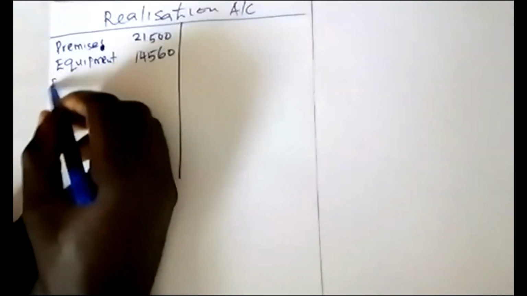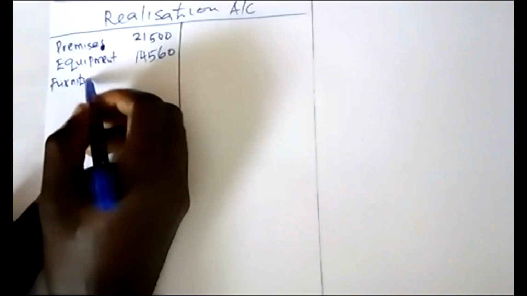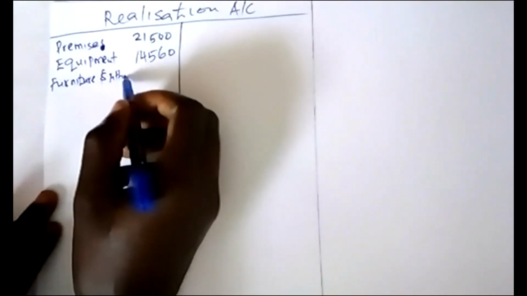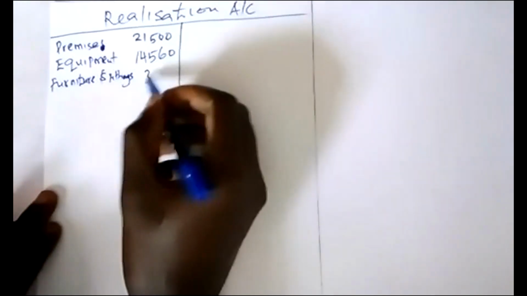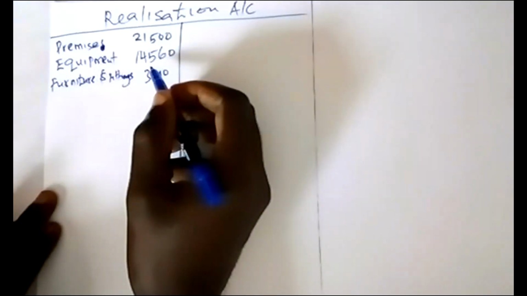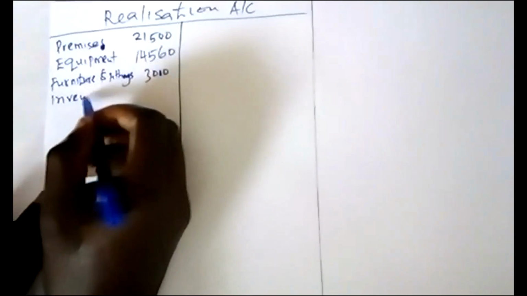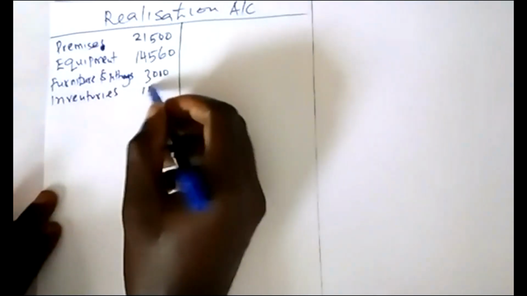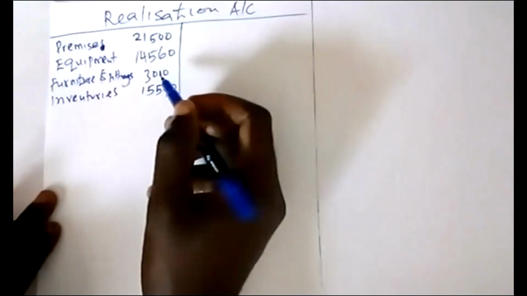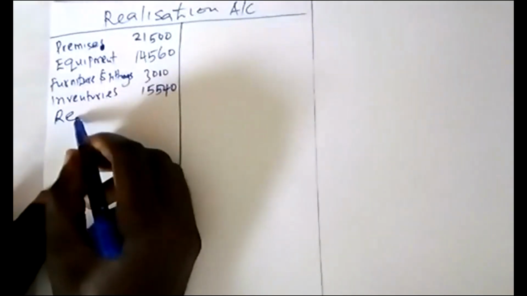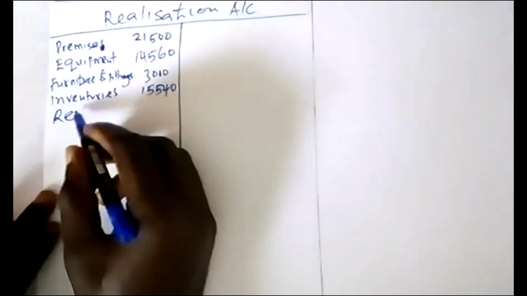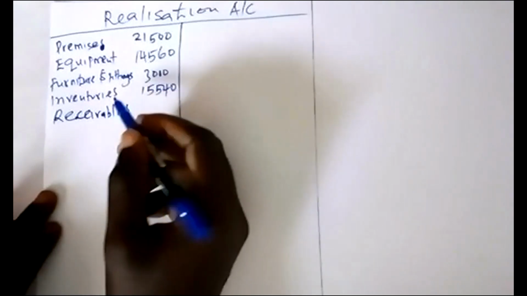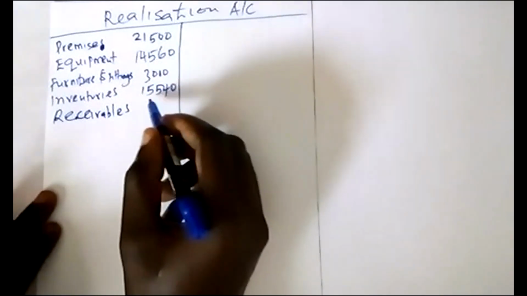Then furniture and fittings, 3,000. The next thing we talk about is inventories, 15,540. Receivables, 27,400.